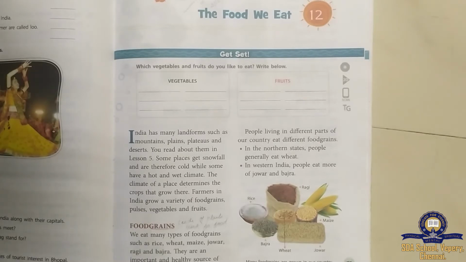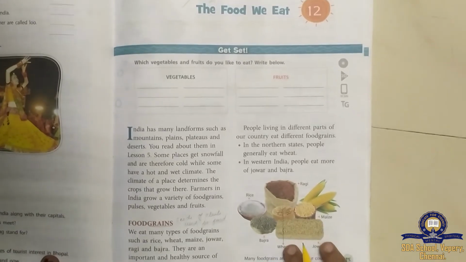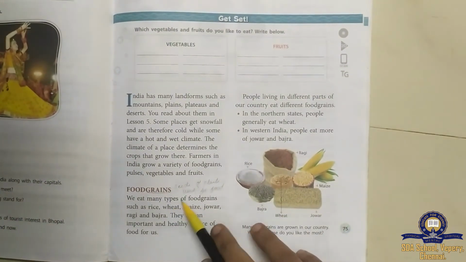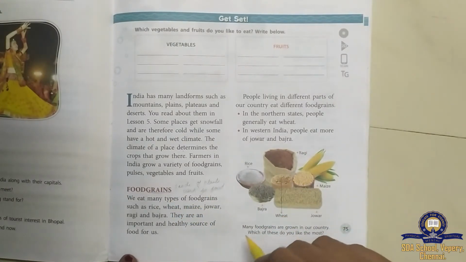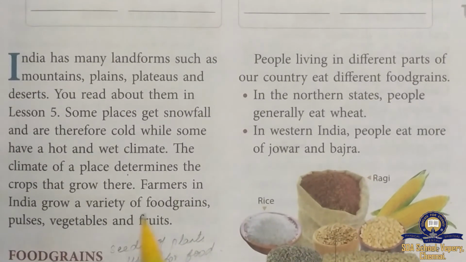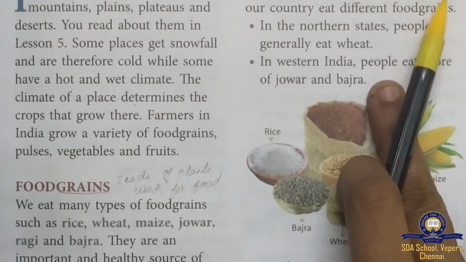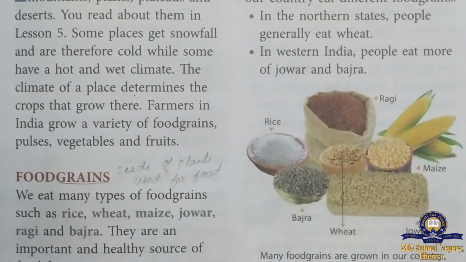First, we learn about the food grains. What are food grains? Food grains are nothing but the seeds of the plants that are used for food. Examples of food grains are rice, wheat, maize, jowar, etc.